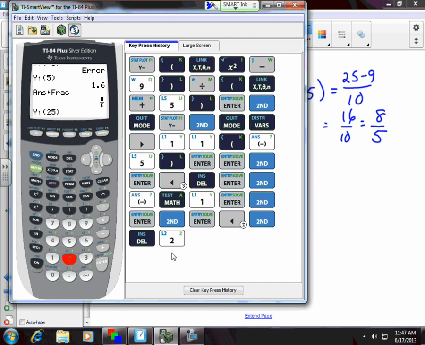And now my input will be y1 of 25. So my input is now 25, enter. 20.53333, and keep in mind whenever you see something like that, 3333, that should tip you off that there's a fraction involved, a fraction involving 3 in the denominator.